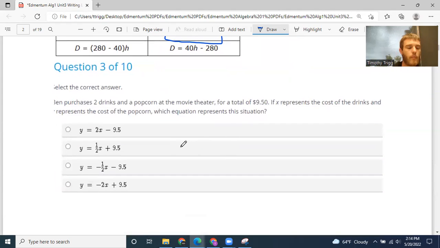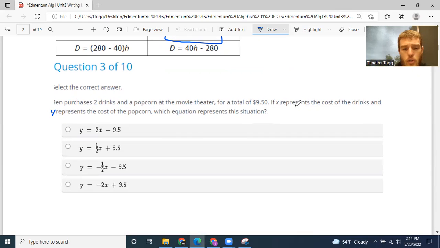Okay. Question 3. Ben purchases 2 drinks and a popcorn at the movie theater for a total of $9.50. If X represents the cost of the drinks, and I'm guessing this is a Y, Y represents the cost of the popcorn, which equation represents this situation?